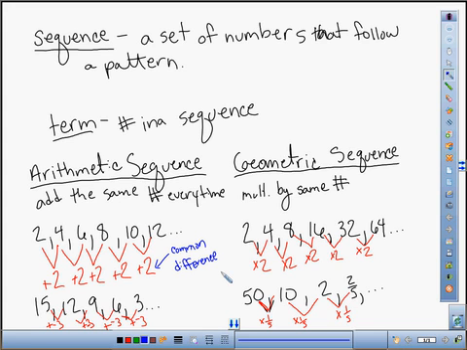So the common difference is that number that we're adding every time. So our terms were 2, 4, 6, 8, 10, 12, etc. And the common difference was 2. In a geometric sequence, our terms in this one were 2, 4, 8, 16, 32, 64, etc. But we call this the common ratio.